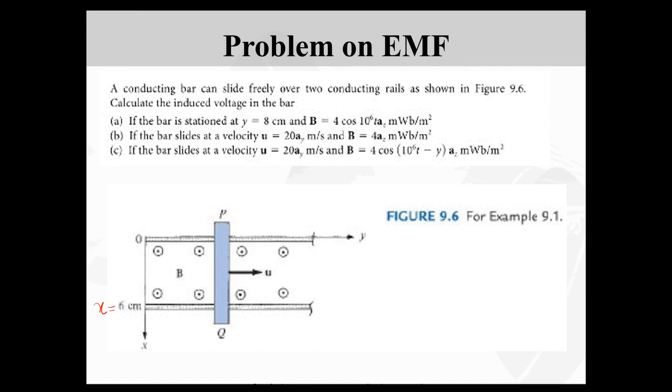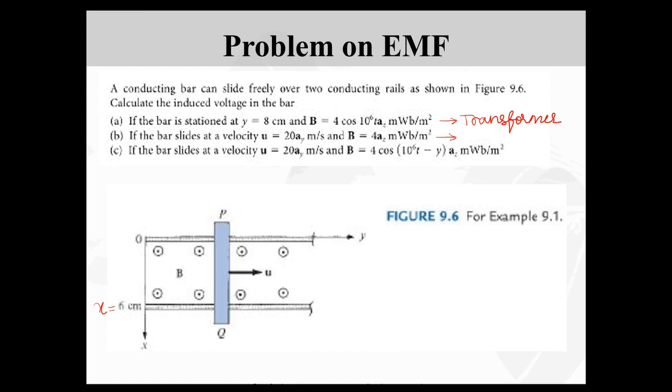So here we are going to look at three scenarios where we need to find the induced voltage. The first case is the bar is stationed at y equal to 8 centimeter, and it is placed in a magnetic field which is varying with respect to time. So this is a case where a transformer EMF will be induced. In the second case, the bar is sliding at a velocity u and is present in a constant magnetic field.